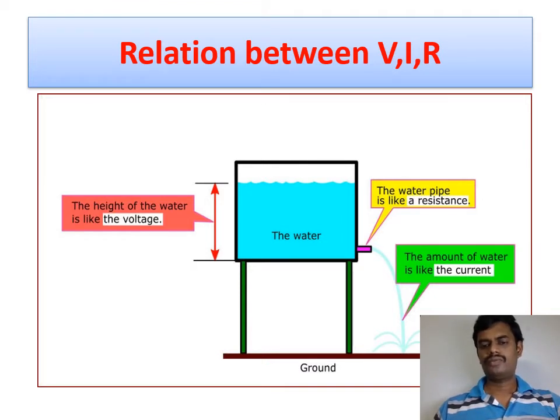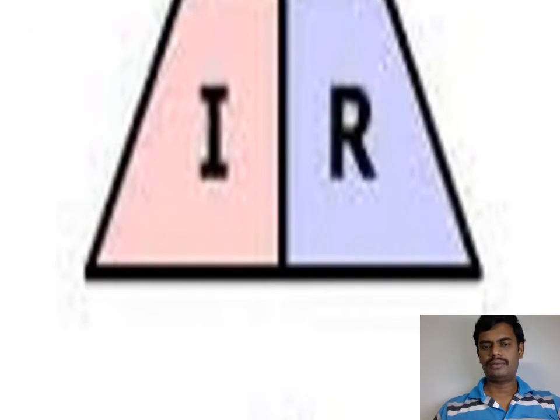Here, if you have a pipe, based on the adjustment of the valve, the flow of water occurs. This water has some energy. The adjustment of the valve can be treated as resistance, and the flow of water is called current.